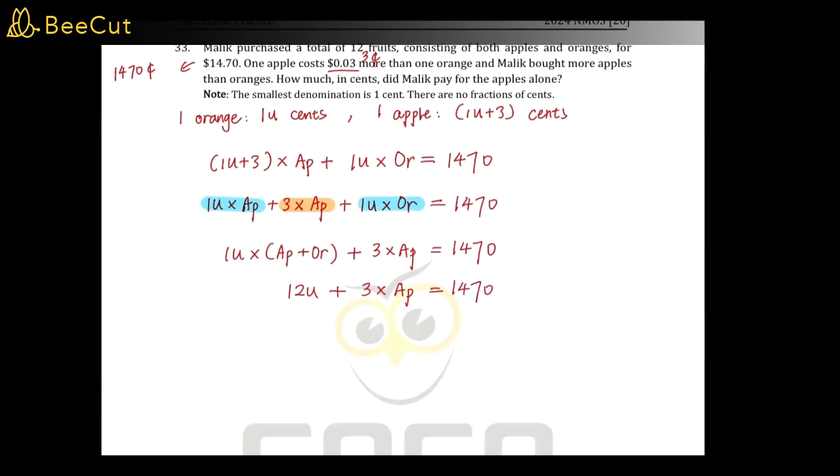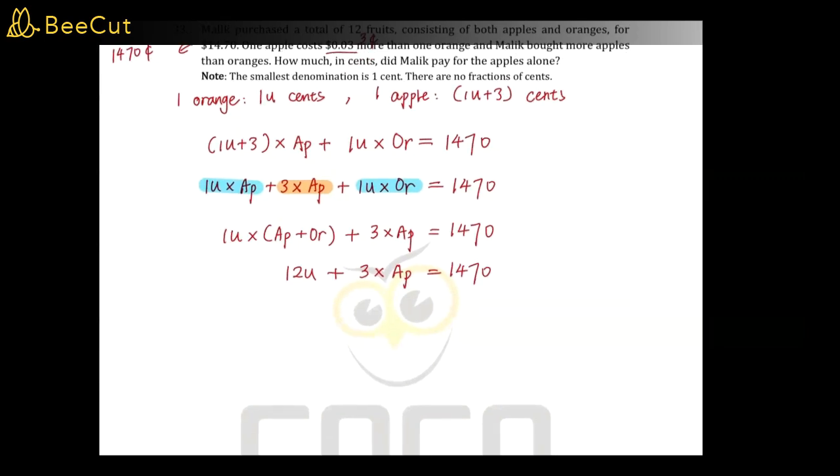Let's simplify it. Everything divided by 3. 4 units plus number of apples. So 1,470 divided by 3, there's 490.